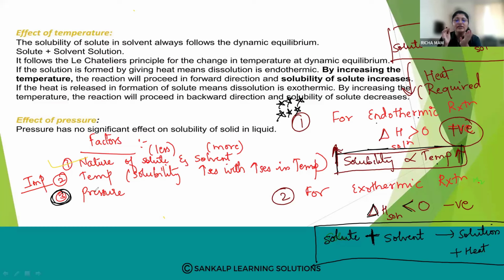A gas can be compressed: if you take a gas in a cylinder and put a piston from above, the gas can be compressed, but solids and liquids cannot. So pressure does not have any effect on solids and liquids.